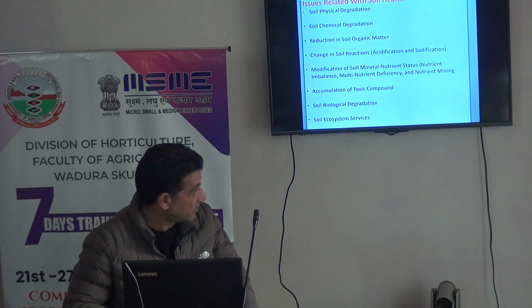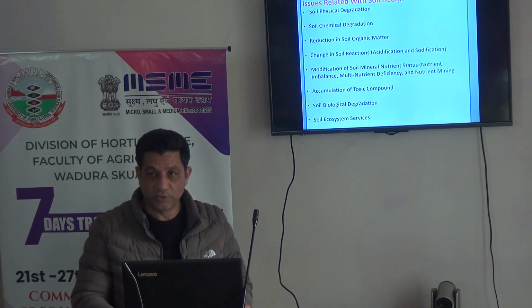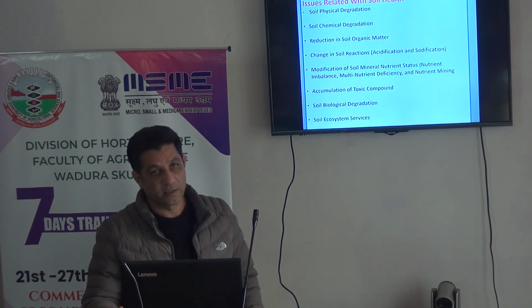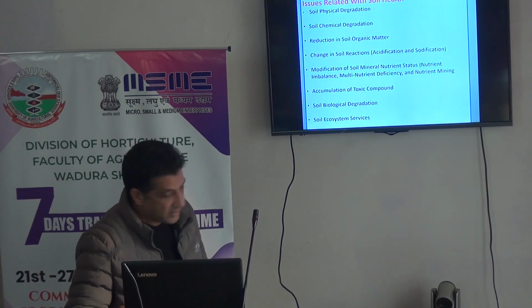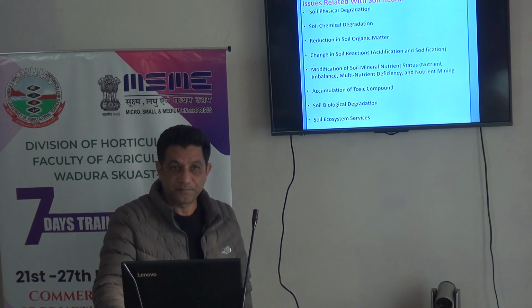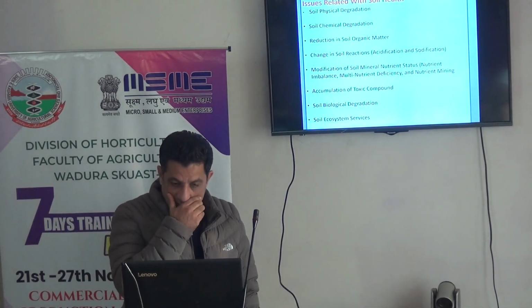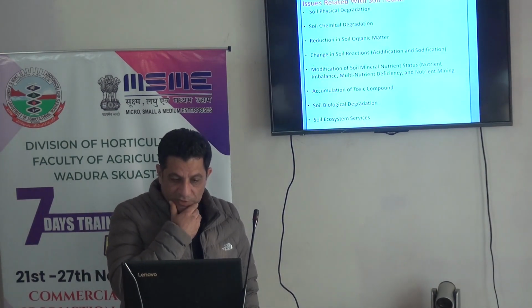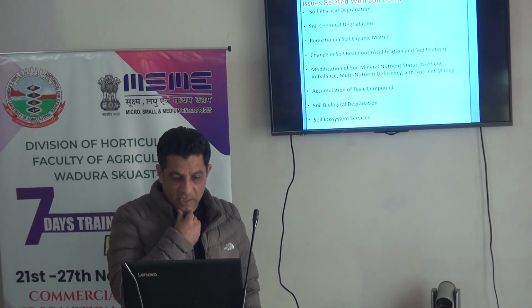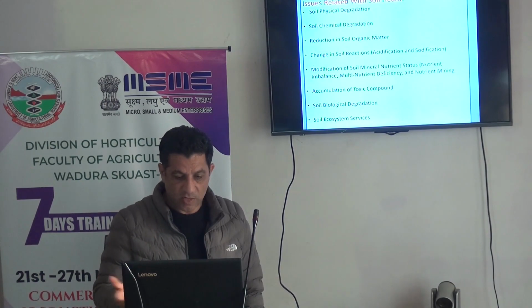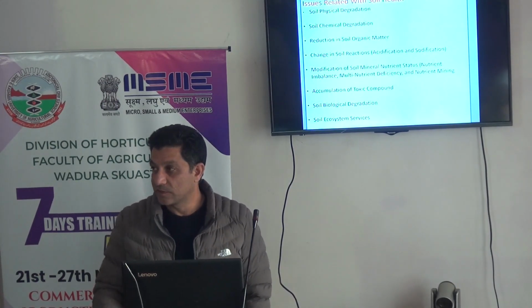Now there are some issues related to the soil which we have to address. That is soil physical degradation, chemical degradation, reduction in soil organic matter, changes in soil reactions, modification of soil nutrient status, accumulation of toxic compounds, soil biological degradation, and soil ecosystem services.